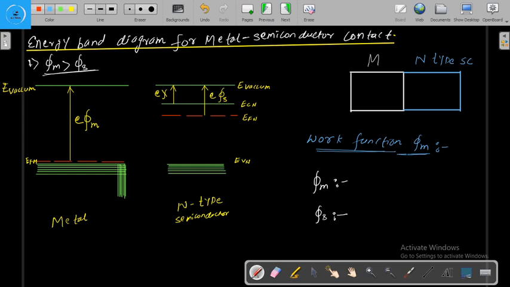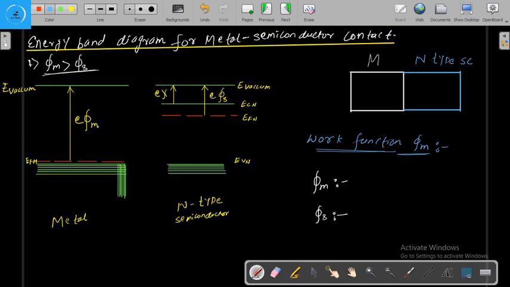I repeat again: the work function of the metal, phi m, is the amount of energy required to escape the electron from the metal at 0 degree temperature, or the absolute zero temperature.